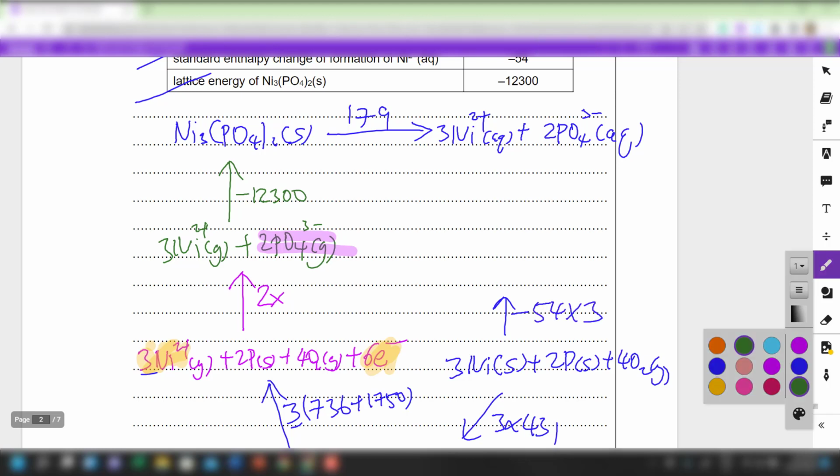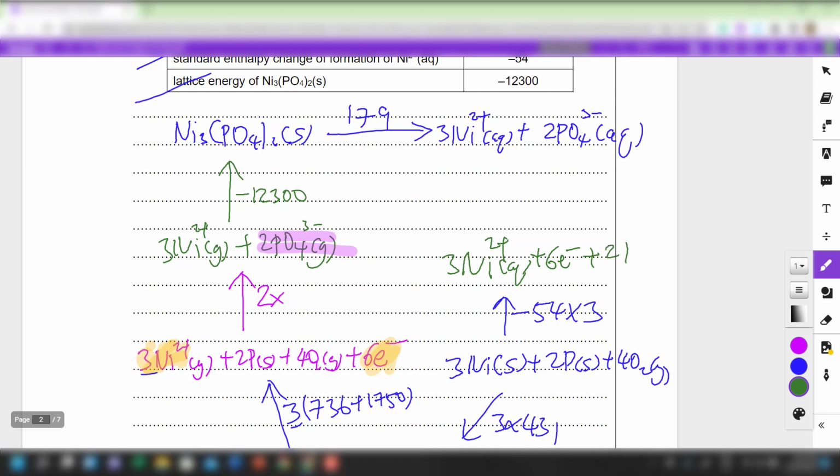So I'm going to write in green over here: 3Ni, so 3Ni 2 plus aqueous plus 6 electrons, plus 2P solids plus 4O2 gas.